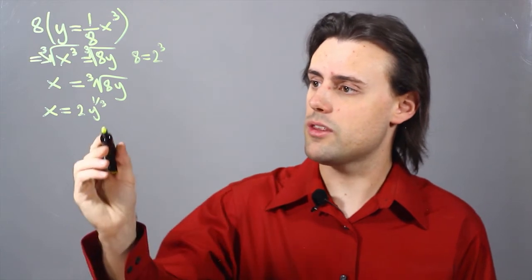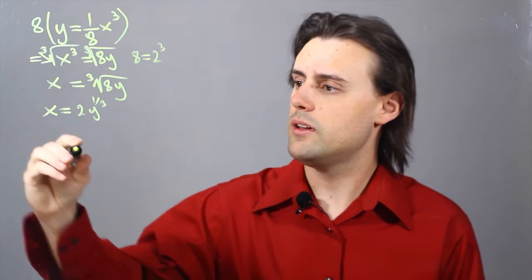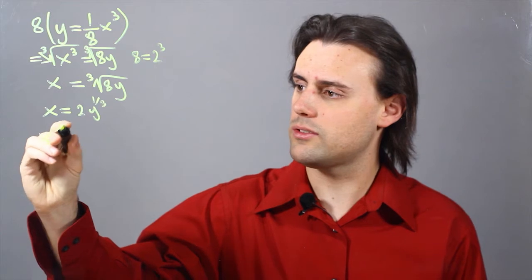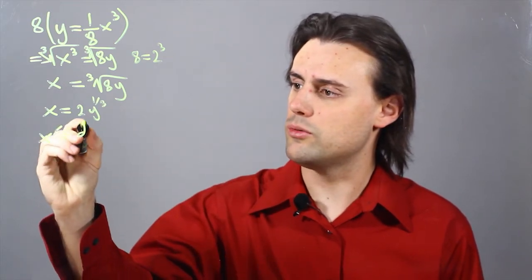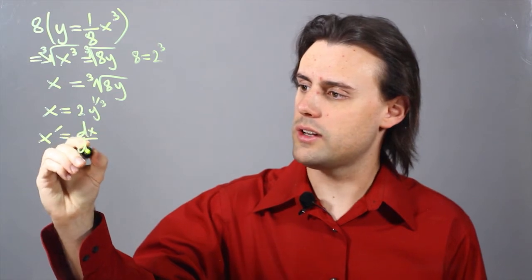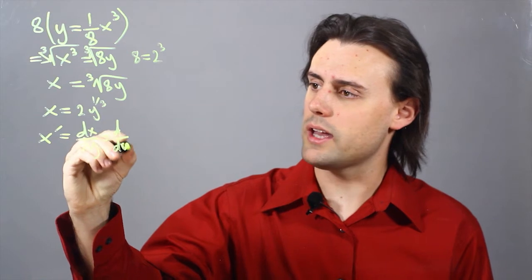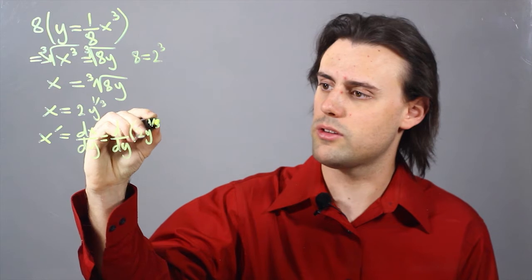So we have 2 times y raised to the power 1/3. Next, we want to take the derivative of this inverse with respect to y. So I'm going to call my derivative x prime, and that's going to be equal to dx/dy, or d/dy of my inverse function, which is 2y raised to the 1/3 power.